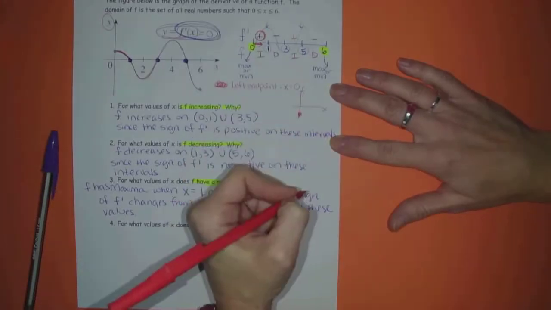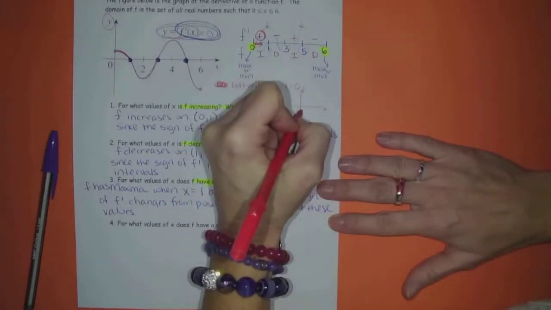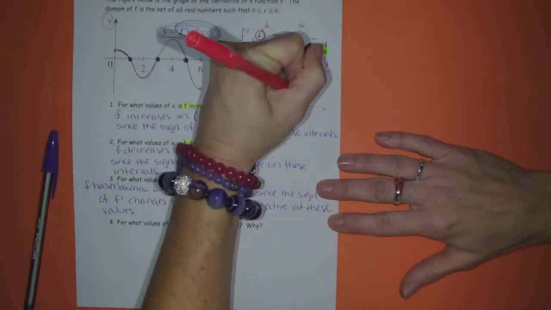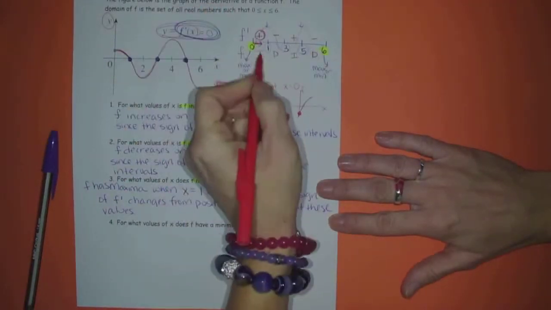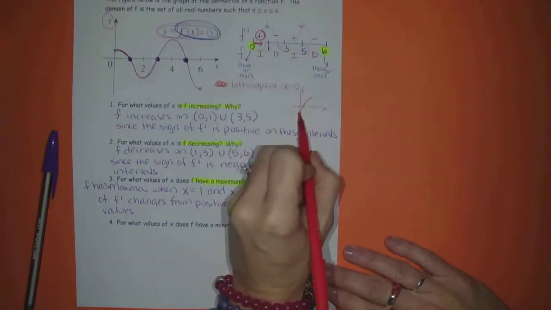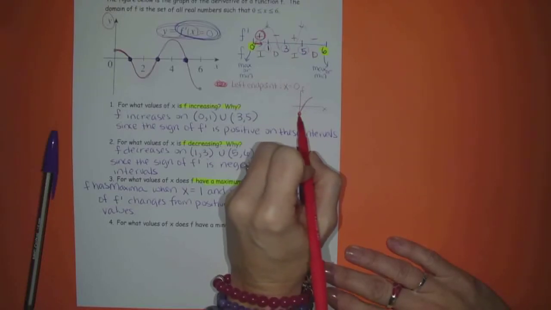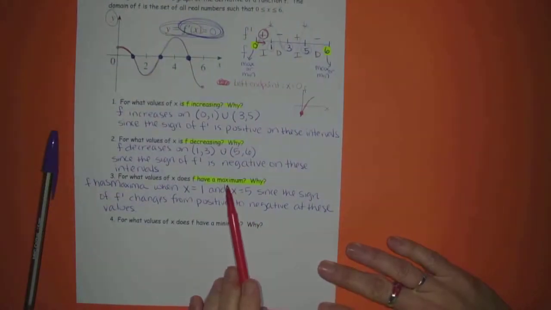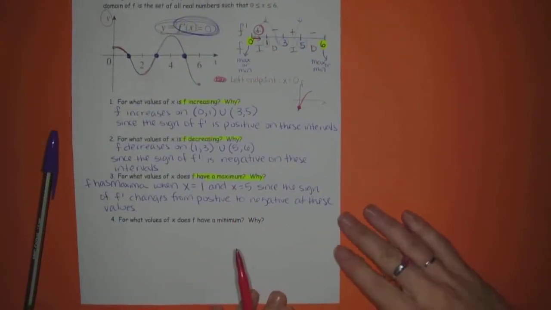Let's just say we're there. If we increase out of it, heading upward, f is increasing because f prime is positive. You can see right there, we've got ourselves a minimum. So I am not going to include the left endpoint in my maximum question. Okay.